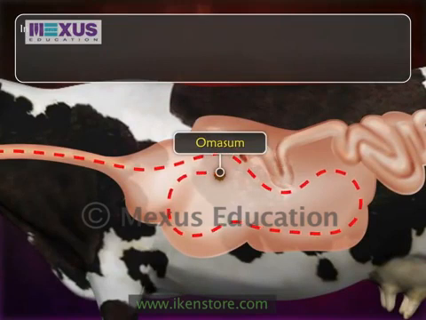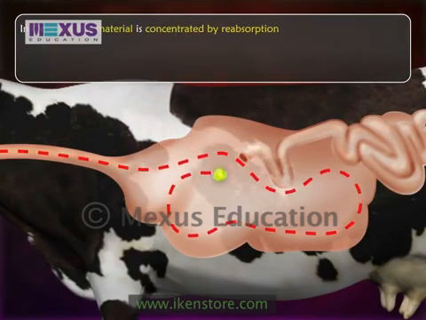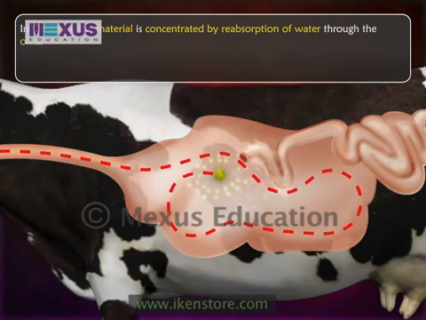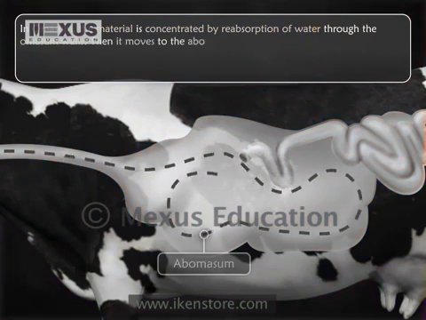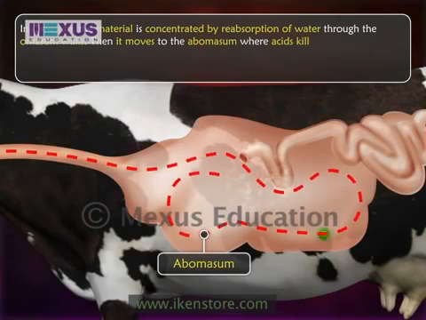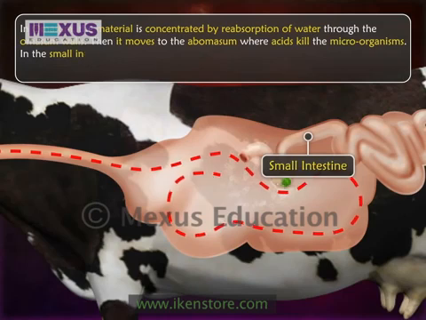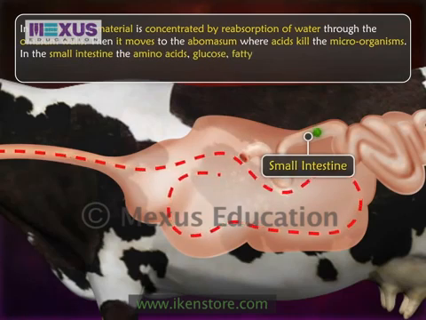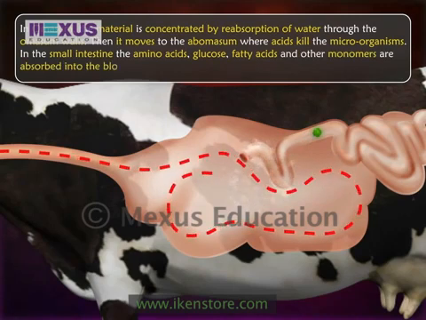In the omasum, the material is concentrated by the reabsorption of water through the omasum walls. Then it moves to the abomasum, where acids kill the microorganisms. In the small intestine, the amino acids, glucose, fatty acids and other monomers are absorbed into the bloodstream.